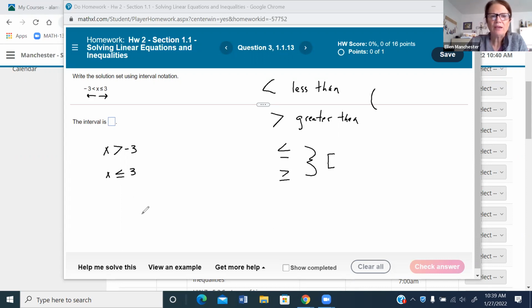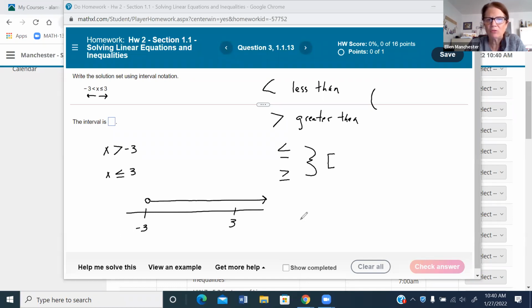So in this case, if I were to graph this, here is my +3, here is my -3. X is greater than -3. We notice it's only a greater than sign, there's no equal sign attached to it, so it's an open circle, and it's all the values greater than -3, so it goes that way.